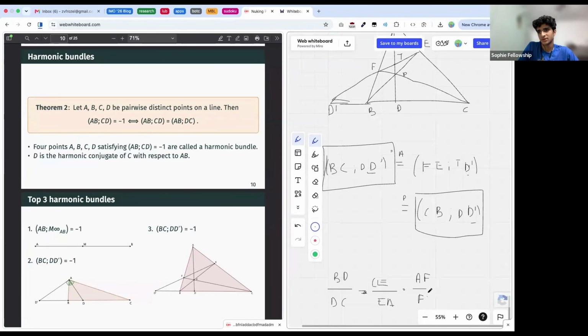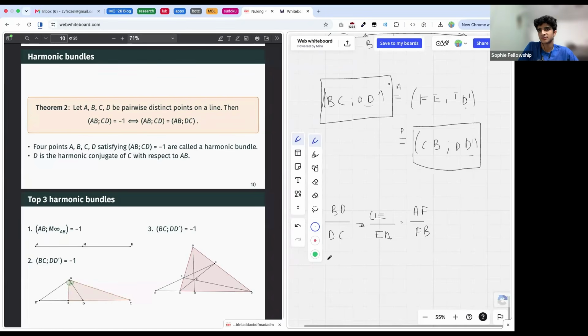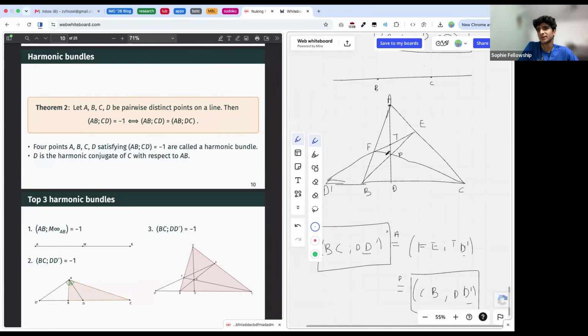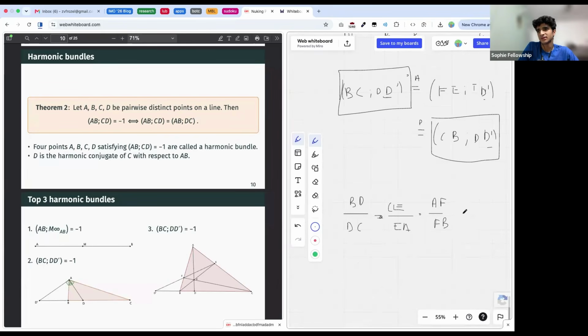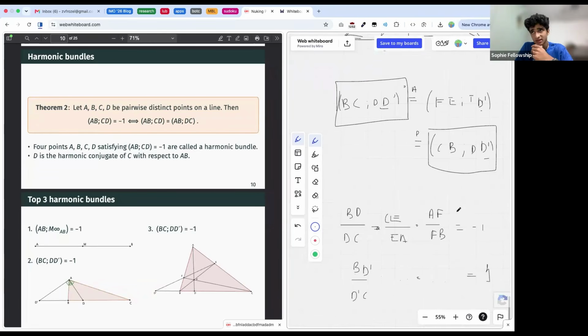And you also have a dual theorem, which says that since D prime, E and F are collinear, this one is equal to -1. And if I write down the same ratio with BD prime by D prime C and so on, then this product is equal to 1. And now if you just divide the two equations, you'll get that their cross ratio is -1.